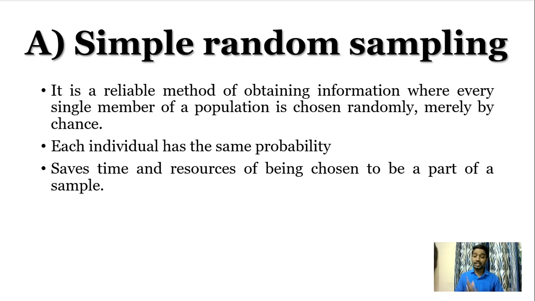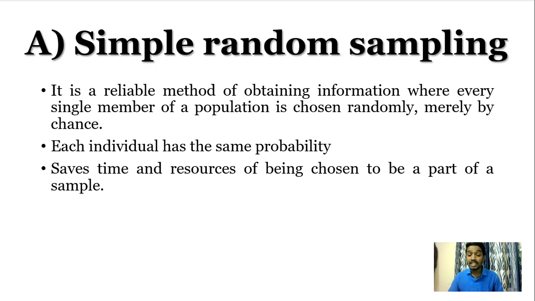Out of that population, each single member is chosen randomly, without any scientific method. They are just called out randomly without any scientific approaches or criteria there. It's like a coin toss, head or tail. If it's head, he; if it's tail, he. So it's simple as that.